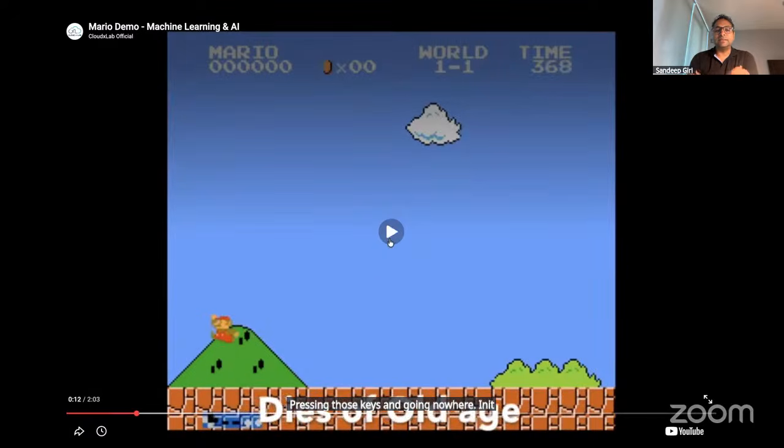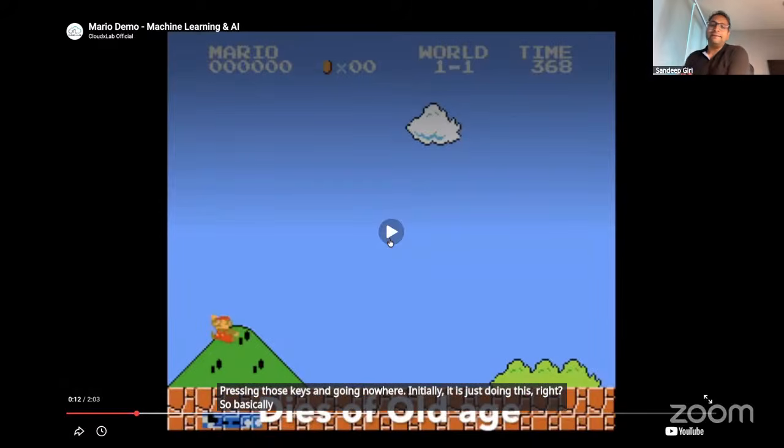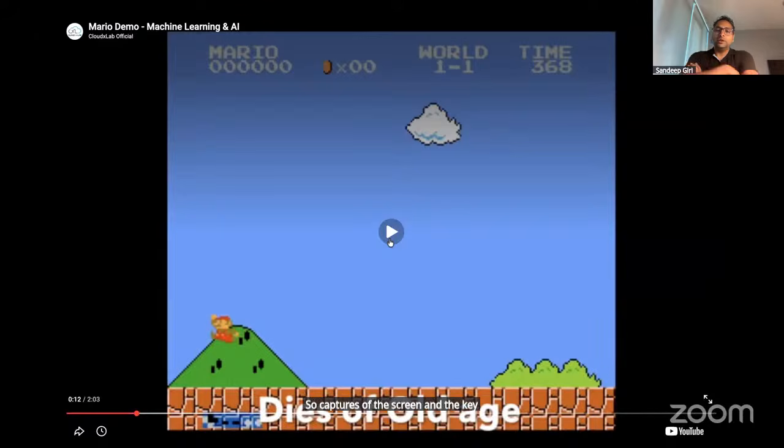By playing, the computer program is gathering data. Data means the captures of the screen and the key presses, what happened, all of that. So it played again and again.